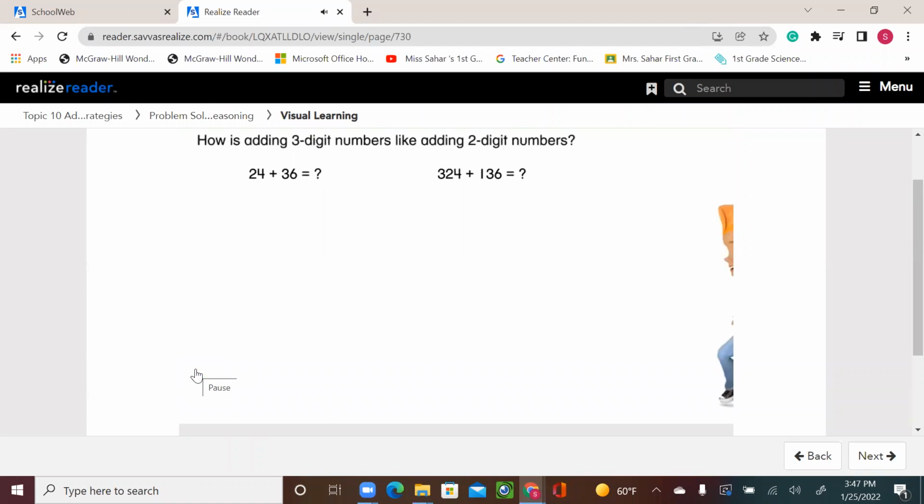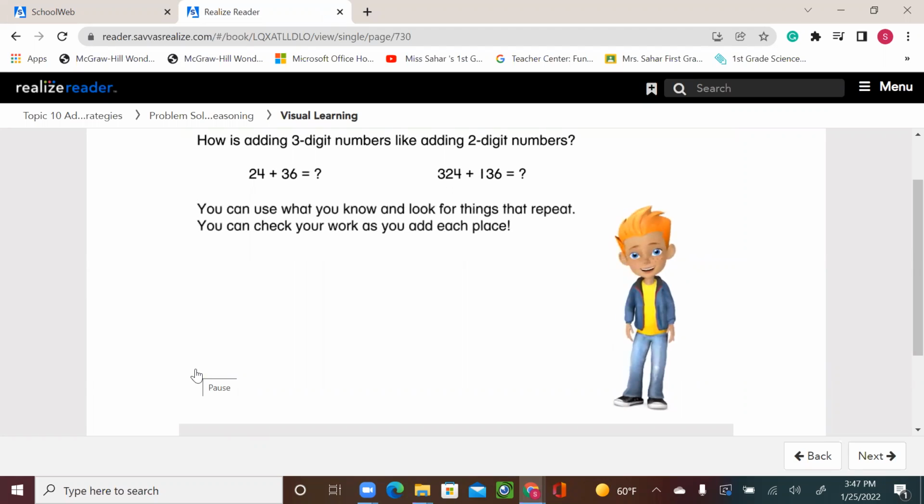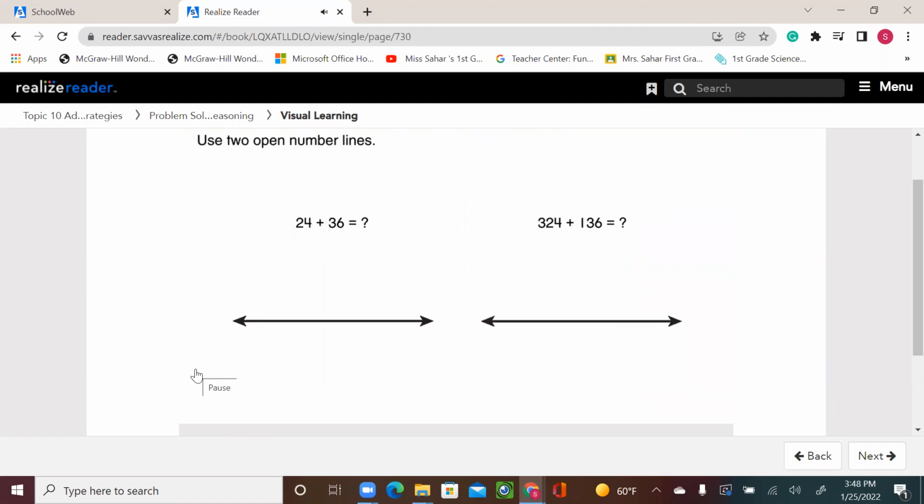How is adding 3-digit numbers like adding 2-digit numbers? You can use what you know and look for things that repeat. You can check your work as you add each place. Use two open number lines. To add 36 to 24, start at 24.